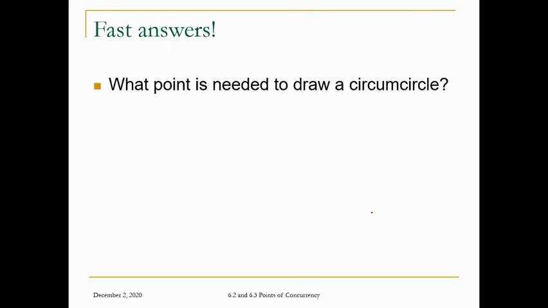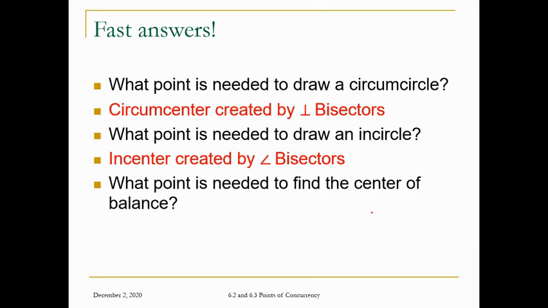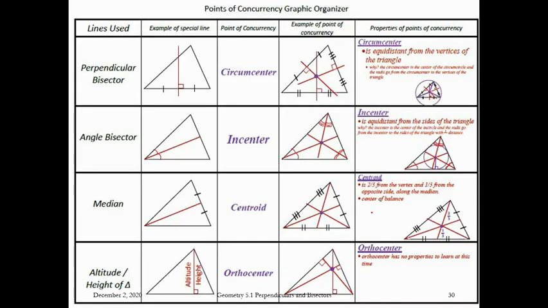Which point is needed to draw a circumcircle? Circumcenter, created by perpendicular bisectors. What point is needed to draw an incircle? Incenter, created by angle bisectors. What point is needed to find the center of balance? Centroid, created by the medians.